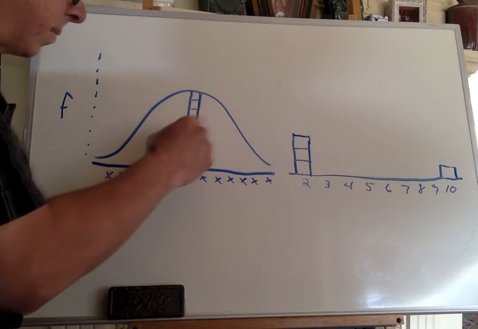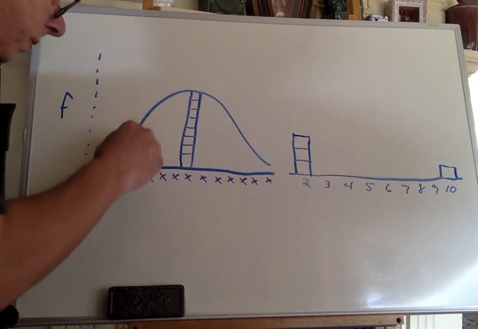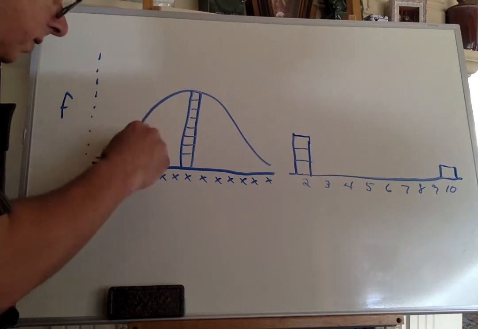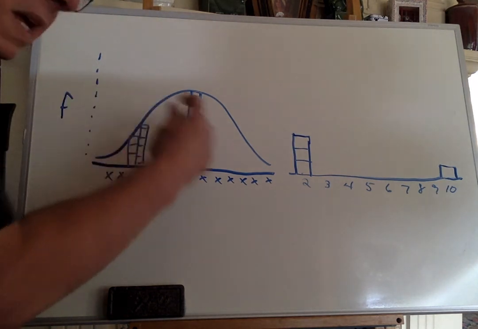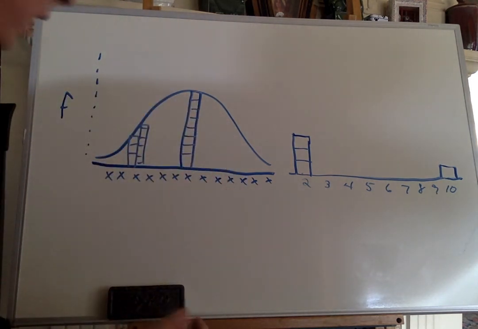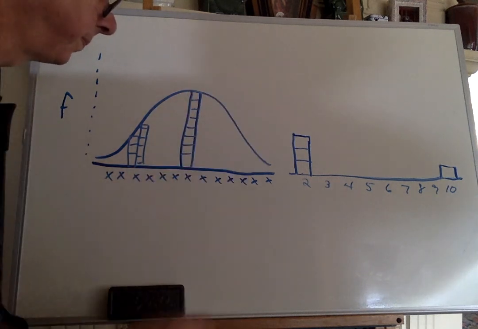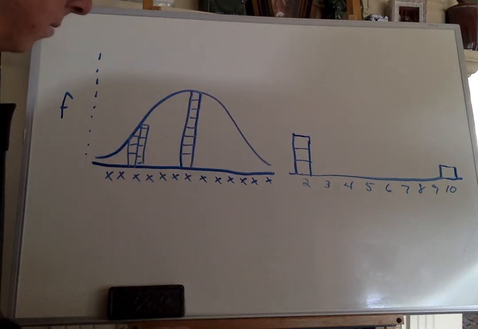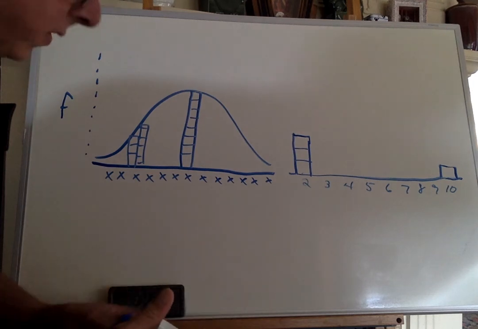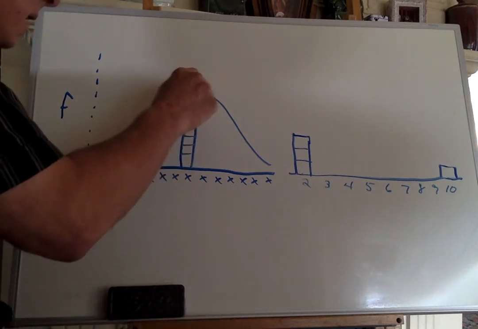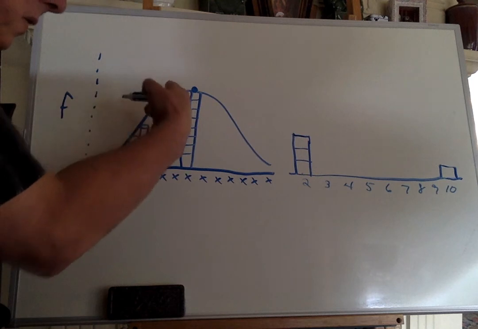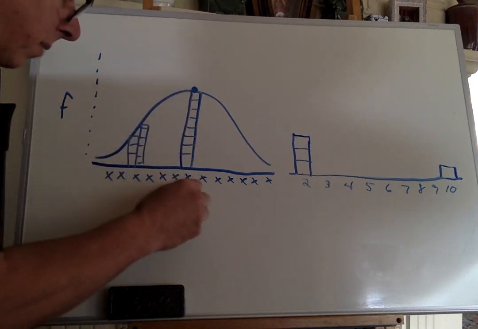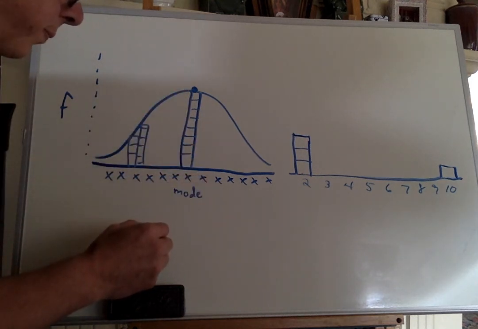We have this many people, and then there's people here. This whole thing is filled with blocks. That's what makes the normal curve, okay? And blocks up here as well. Again, review in a way. The highest point here is the most frequent, and so this ends up being the mode, right?